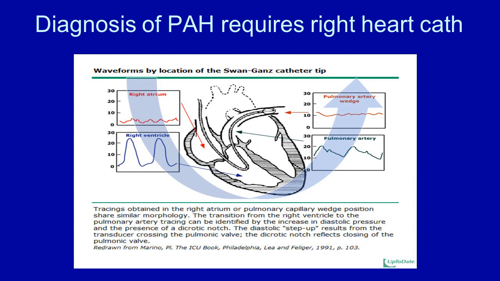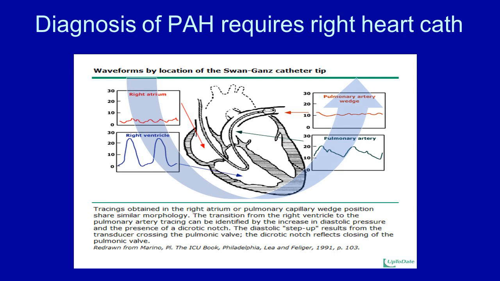What happens is you put the catheter out, and it goes through the right atrium, and there you see a right atrial pressure wave tracing where you see A waves and V waves and X and Y descents. It then passes through the tricuspid valve into the right ventricle, and you see a sharp step up in the pressure tracings with no dicrotic notch, with descent back down to 0.